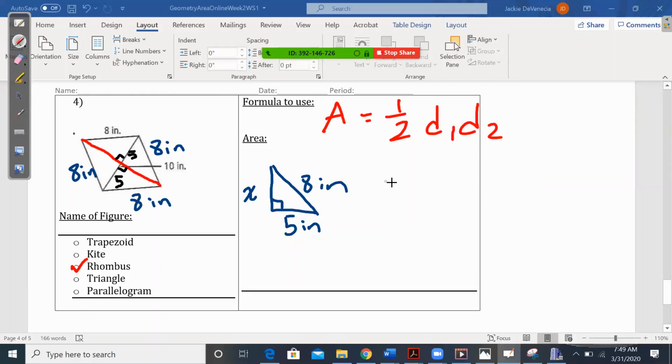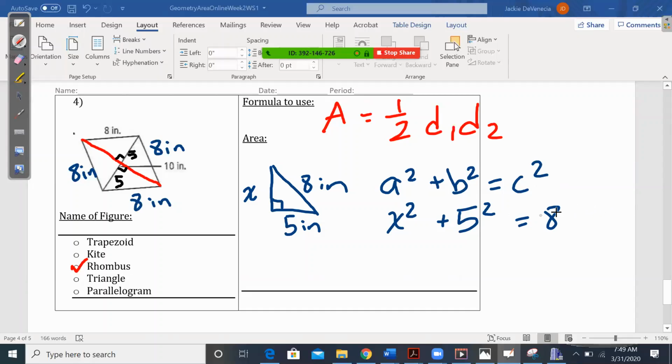So again, I'm going to use my Pythagorean theorem. a squared plus b squared is equal to c squared. And with this one, I'm going to replace everything. I don't know what one of my legs is, but I know one of them is 5, and I know my hypotenuse is 8. So now we have that x squared plus 25 is equal to 64.